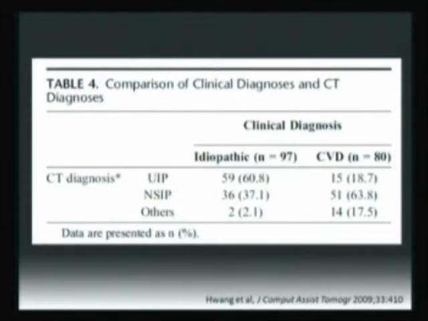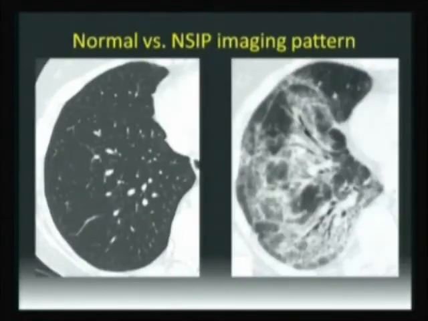There are more NSIP in the connective tissue disease, but this again is a clinical diagnosis. When your radiologist tells you maybe it looks like an NSIP, always be suspicious about an underlying connective tissue disease.